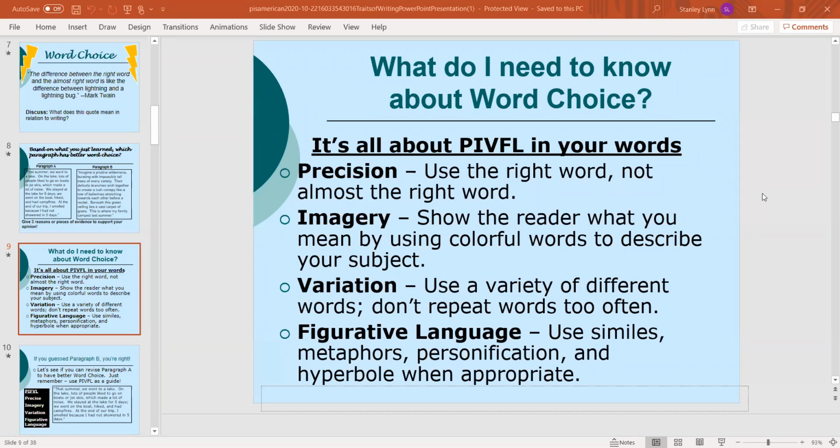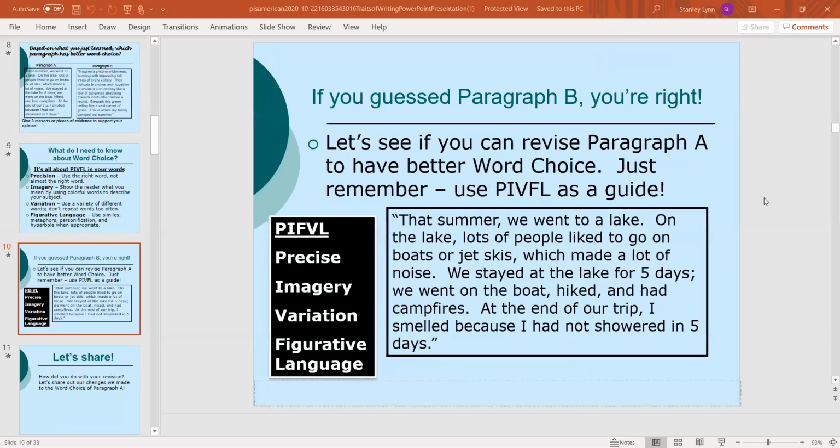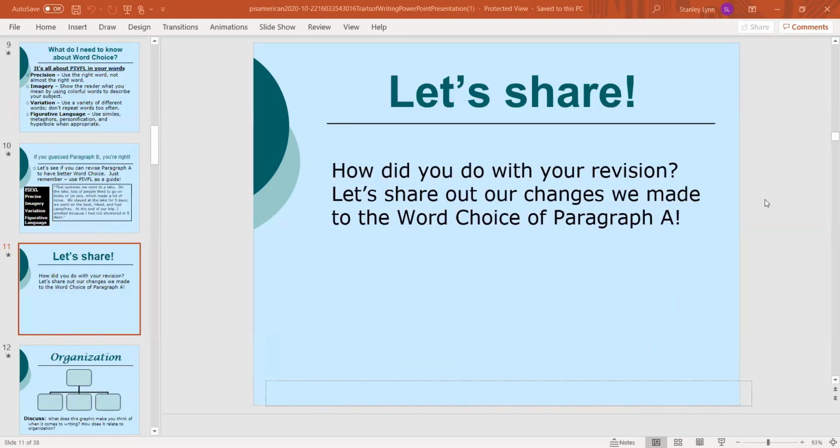It ends up sounding very silly. Figurative language. We've already gone through all the figurative language that you can use in your essay, okay? Again, here's a paragraph. Let's see if you can revise it to have better word choice and use the previous guide, okay, to help you.